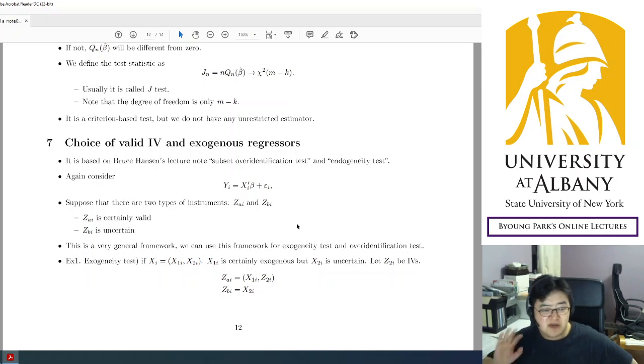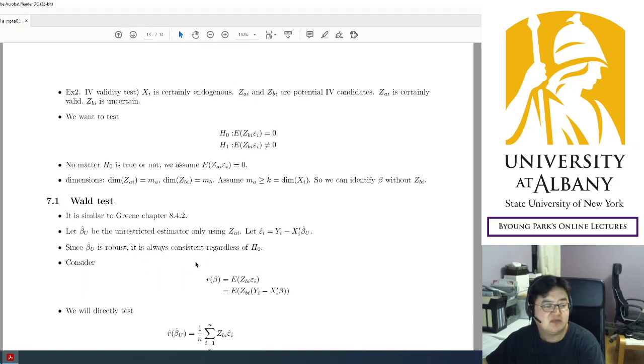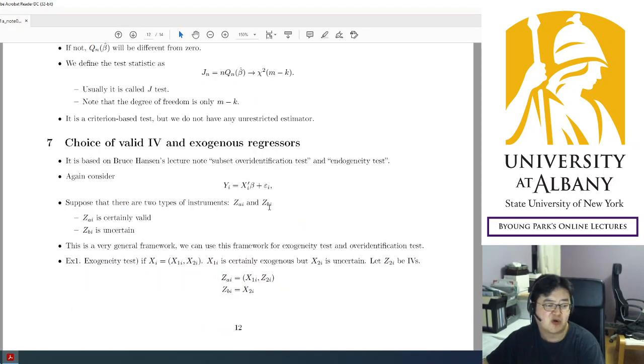So let's think about the details, like how we classify and what kind of setups can be analyzed in this framework. First is the endogeneity test. So X is composed of X1 and X2. As usual, X1 is certainly exogenous, but X2 is uncertain.